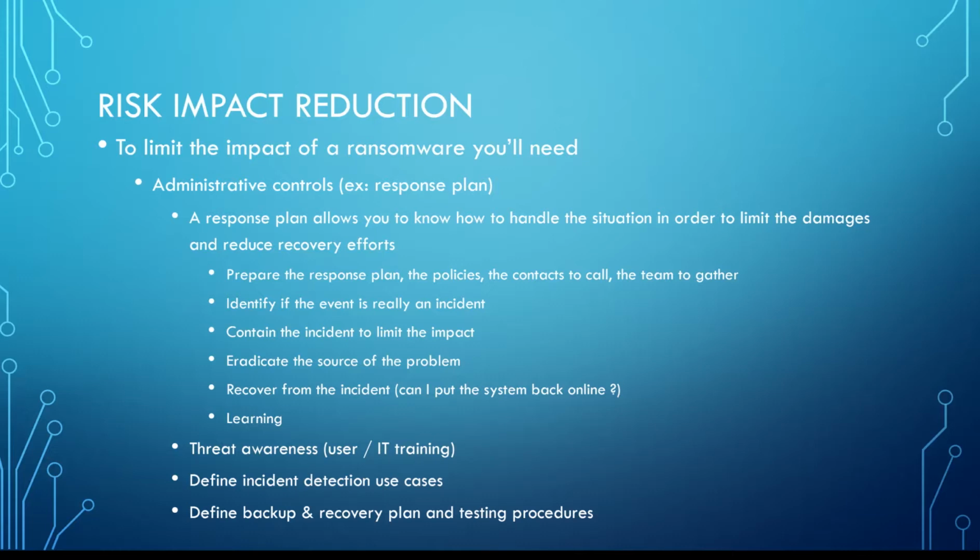So you're gonna have to prepare the response plan, all the policies, the contacts that you're gonna have to call whenever an incident is coming, and which team members you need to gather. So maybe you have to call the CEO, for example.